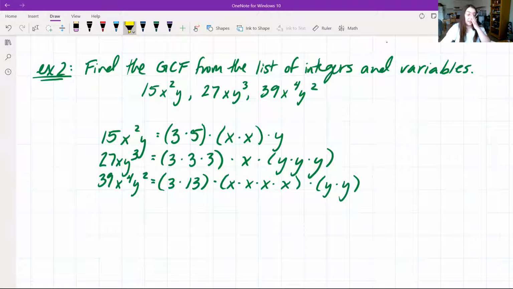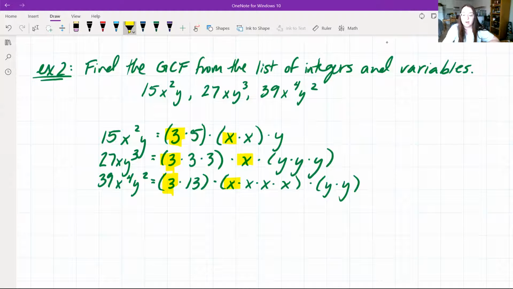So we want to identify the terms that show up in each one of our prime factorizations. So starting with integers, we see that 3 appears at least once in each one of our prime factorizations. So 3 is part of our greatest common factor. Now let's move on to x. So there's at least one x in each one of our terms.